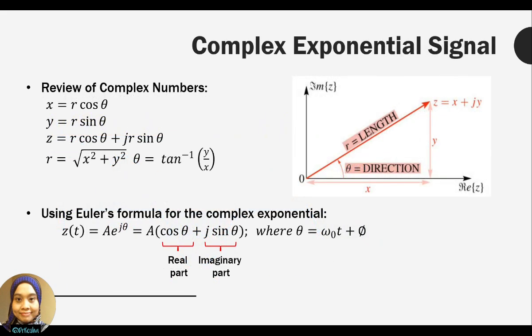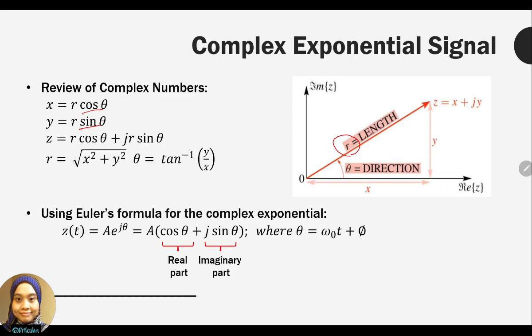Okay, next is about complex exponential signal. Alright, so this signal uses three-dimensional x, y, and z, but the x and y actually use the cosine and sine function based on the length r.